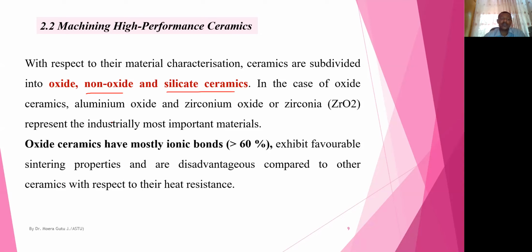In the case of oxide ceramics, aluminum oxide and zirconium oxide represent the industrially most important materials. They have huge industrial applications. Oxide ceramics have mostly ionic bonds, more than 60% ionic bonds, exhibit favorable sintering properties, and are at a disadvantage compared to other ceramics with respect to their heat resistance.